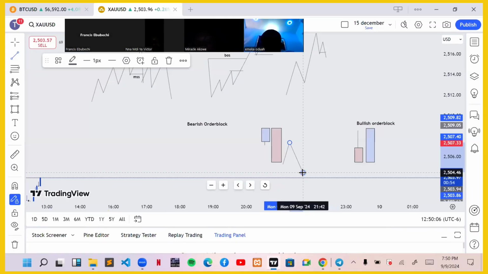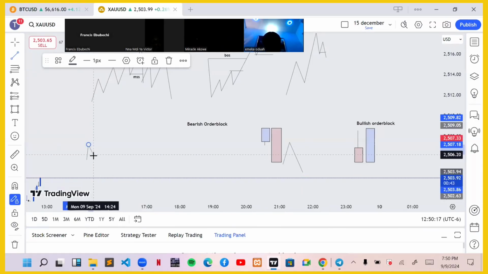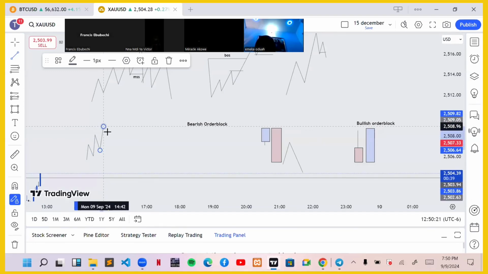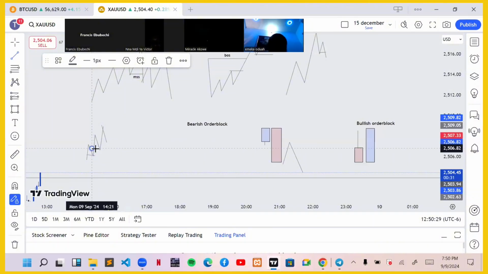So for every zone that gets broken, there's always an order block that would have triggered the opposite direction of the market. Let's say, for example, you're taking a trade for buys. Now, higher highs and higher lows. So pay attention to here. What can you see here? There's always an order block here that triggered this move to go up. There's one that also triggered this move to go up.